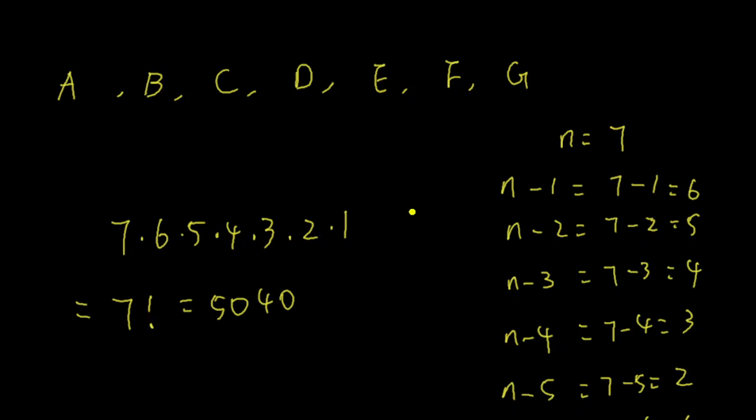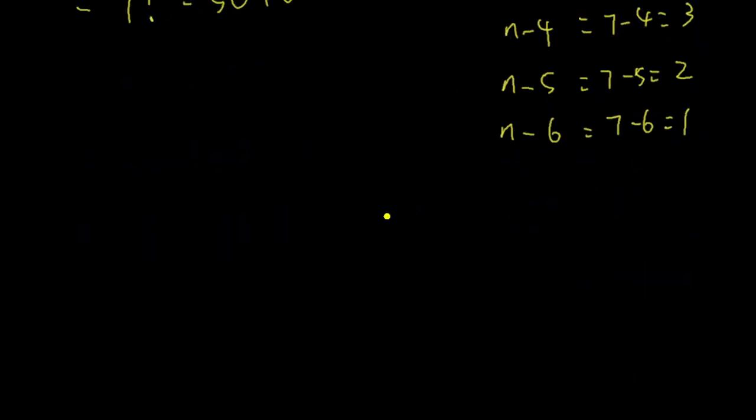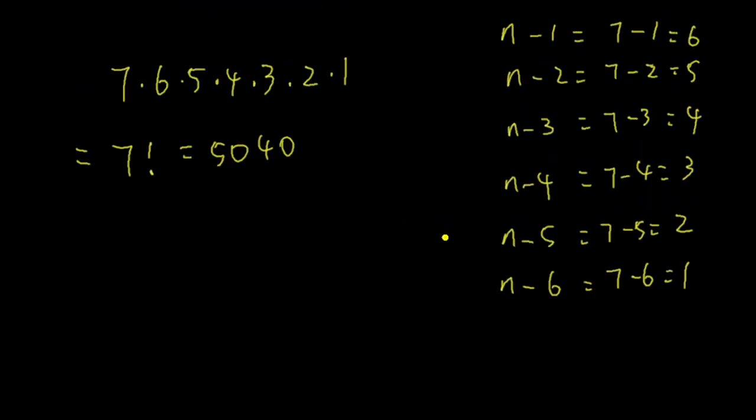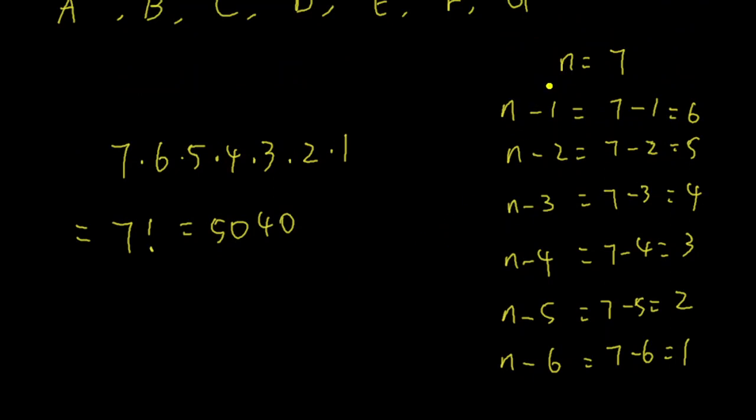Okay. Now, what if the question changed to this? Oh, before I talk about that, let's look at it like this, right? N is 7, so 6 is n minus 1, and 5 is n minus 2. 4 is n minus 3. 3 is n minus 4. 2 is n minus 5. 1 is n minus 6.